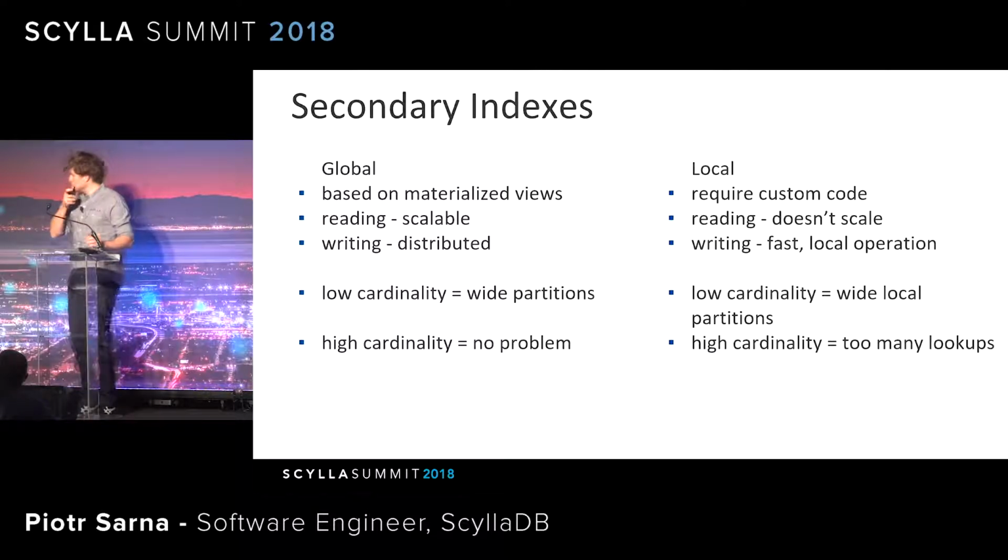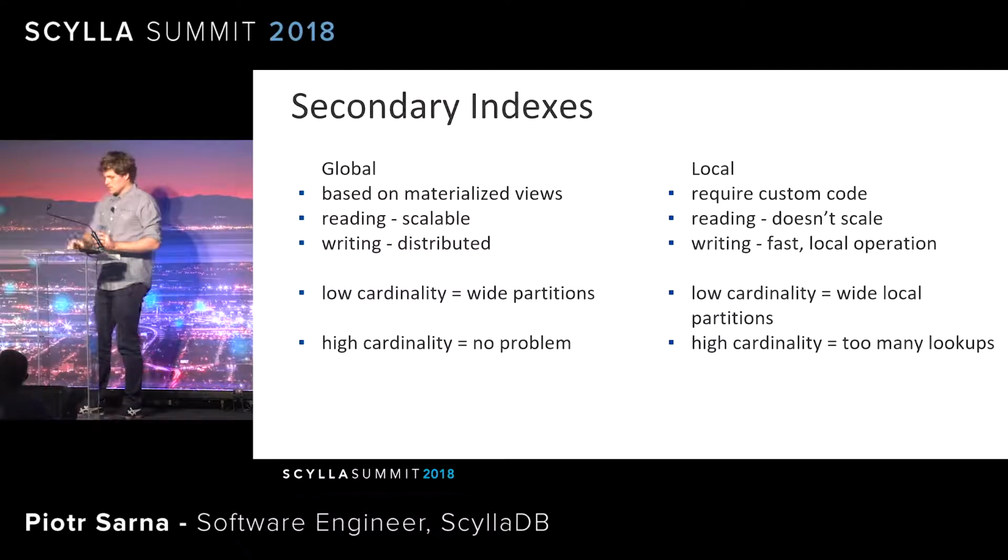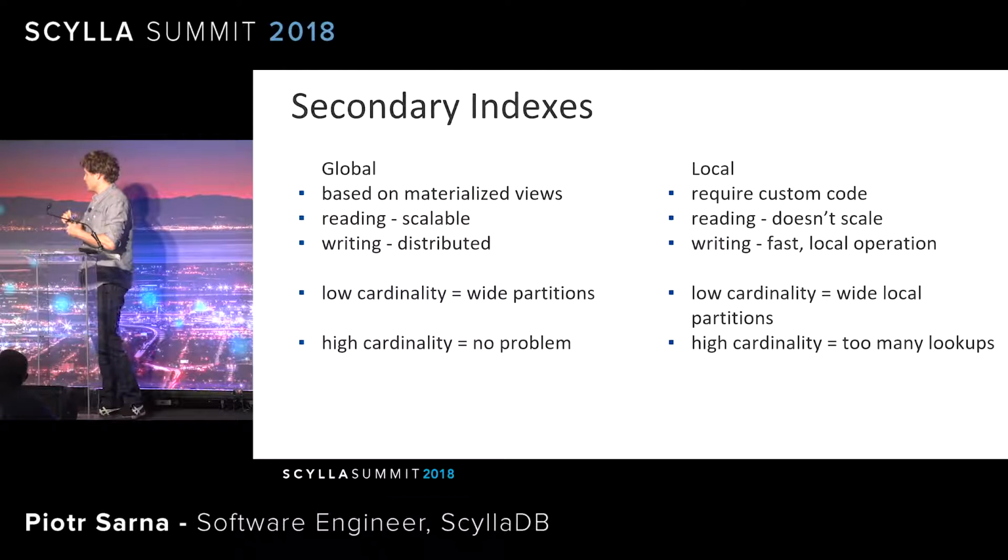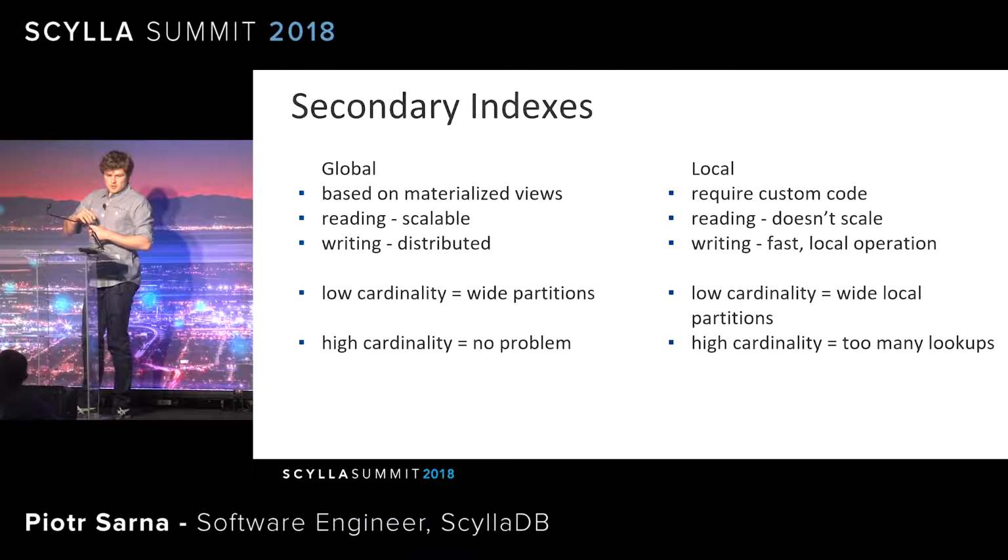So there was a design decision to take when implementing secondary indexes. Our goal was to provide a way to index the column so it can be queried. And these alternatives are global and local indexing. And here are pros and cons. Global indexing, the implementation can be based on materialized views.